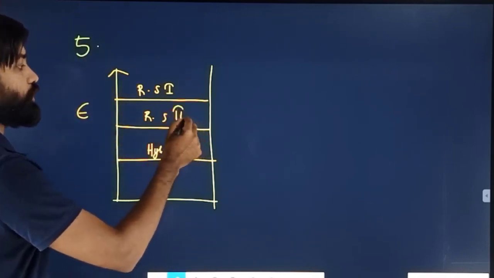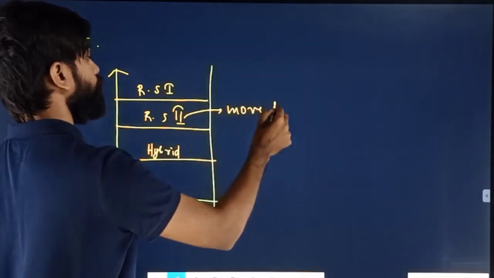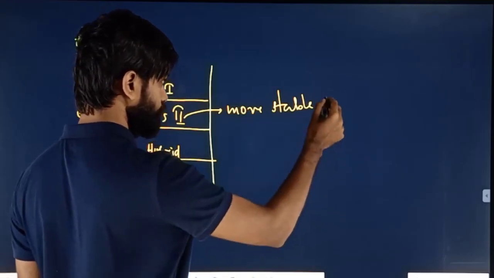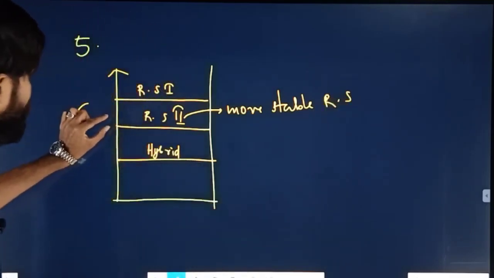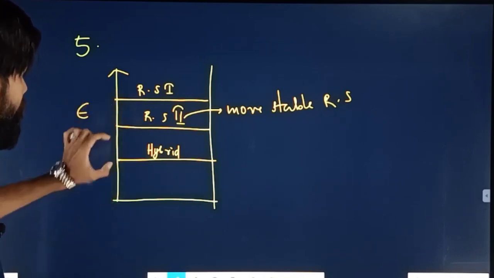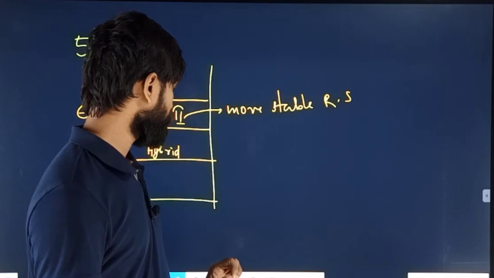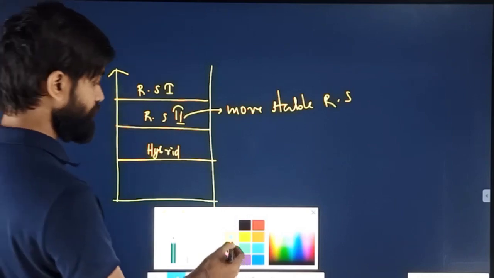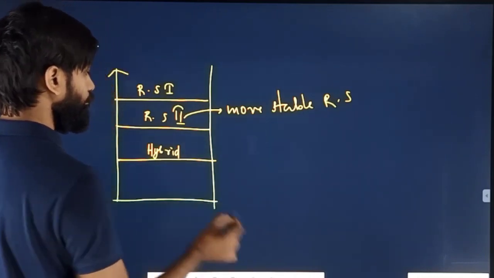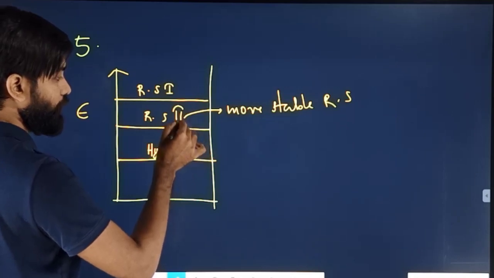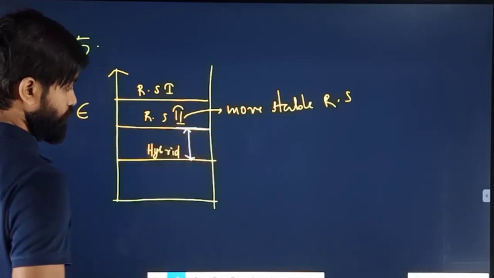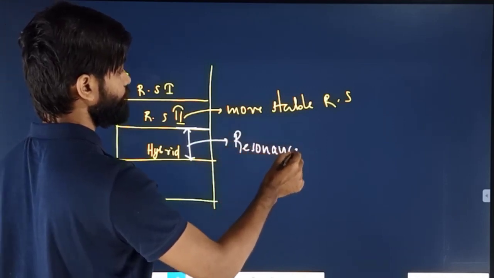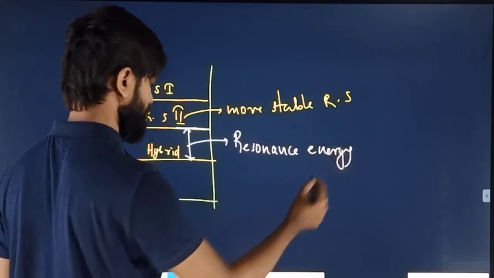So RS2 is the most stable RS, right? The most stable canonical structure is this one, because comparing with RS1, the energy of RS2 is relatively less. And the most stable form of that molecule is said to be the hybrid. Then what is the energy difference between the most stable canonical structure, that is RS2, and the hybrid? That energy is said to be resonance energy.